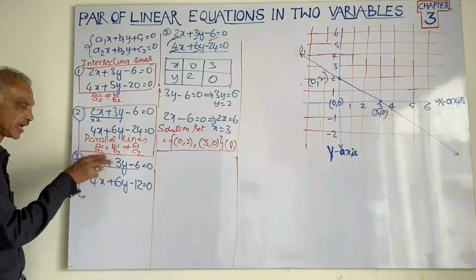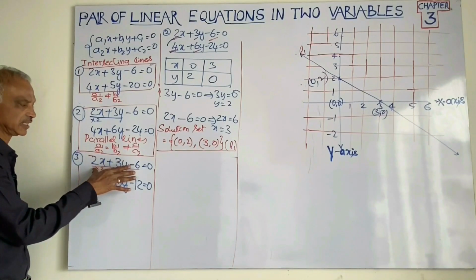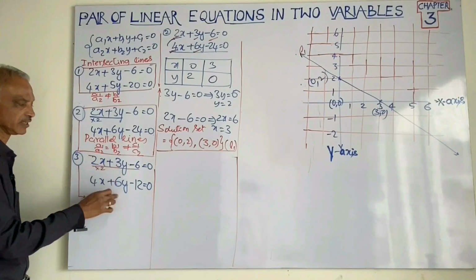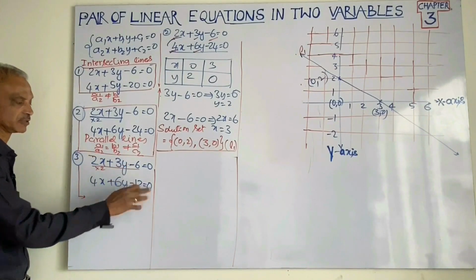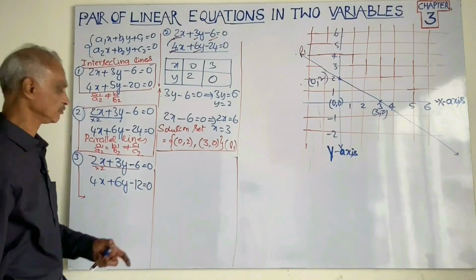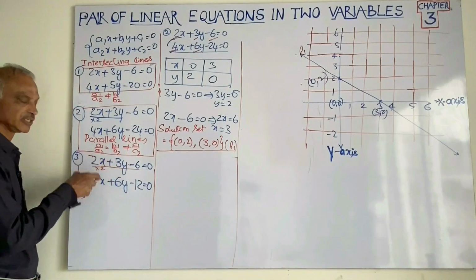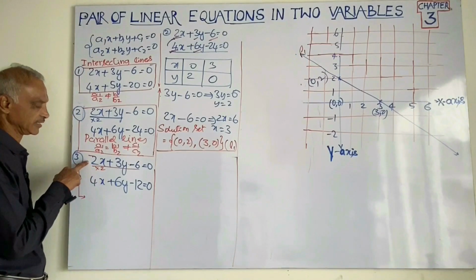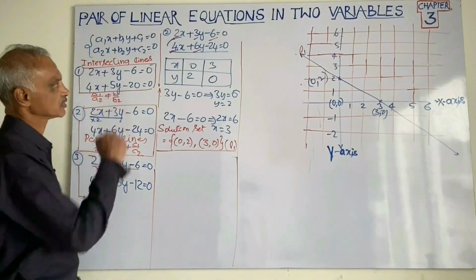We will observe I multiplied this LHS with 2. 2 twos are 4x plus 6y minus 6 twos are 12 is equal to 0. Already we will draw these two lines, and we already drew this line 2x plus 3y minus 6 is equal to 0.